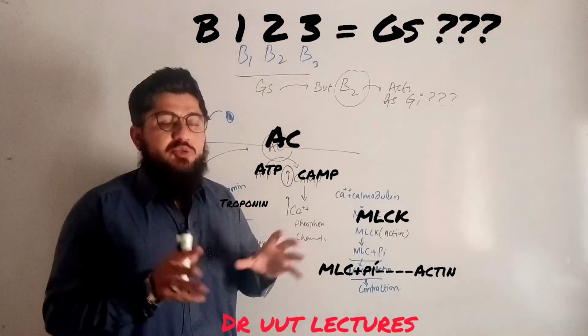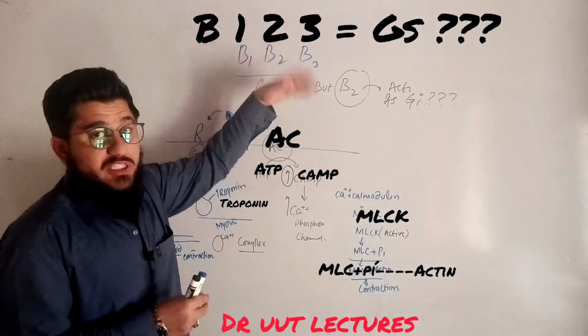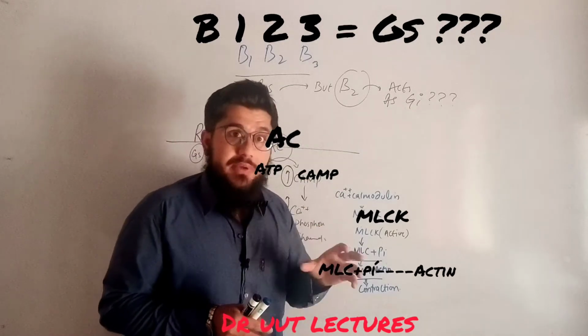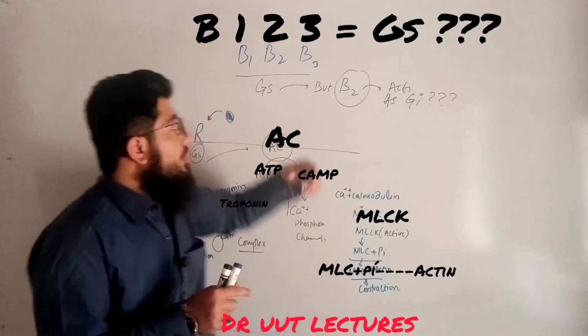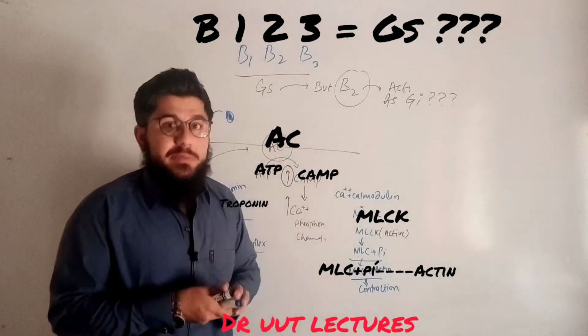Means these are all GS coupled proteins, but the beta 2 of all these is acting just like the GI coupled receptor, but it is not GI, it is GS. Beta 1, beta 2, beta 3, all are GS coupled receptors.